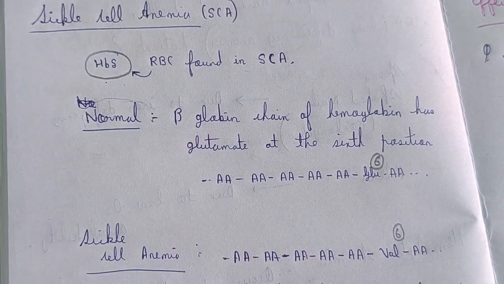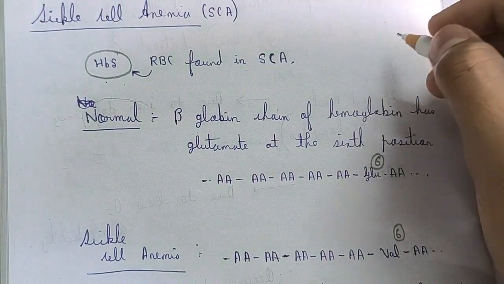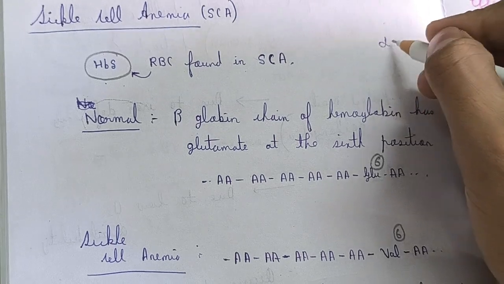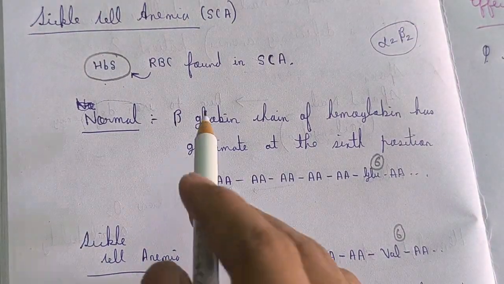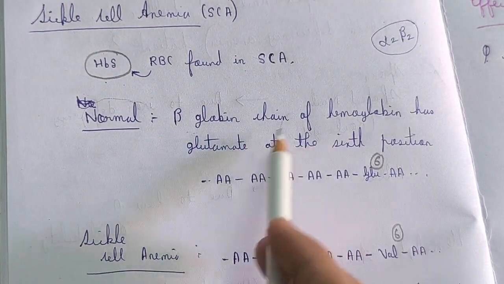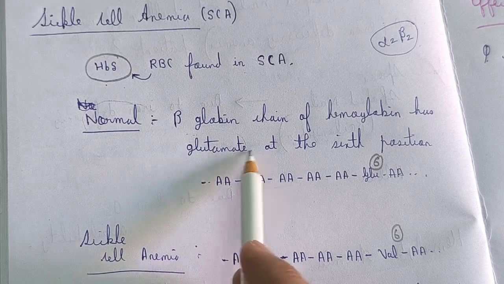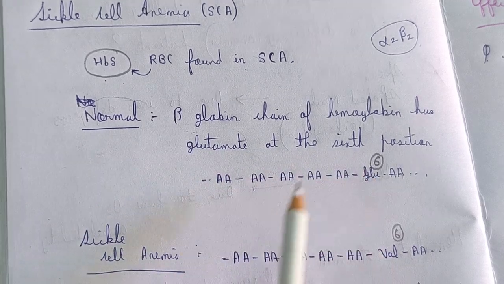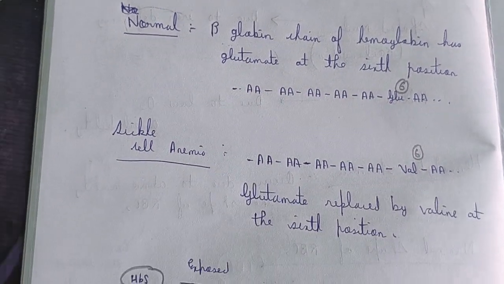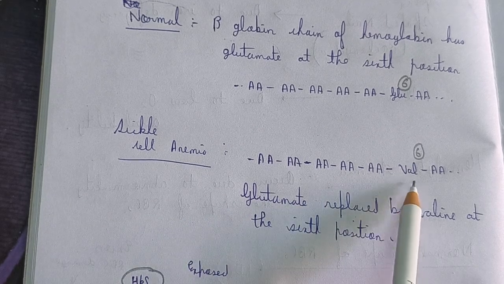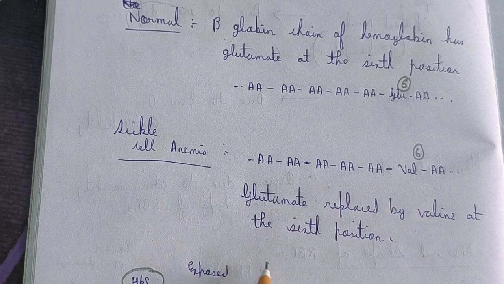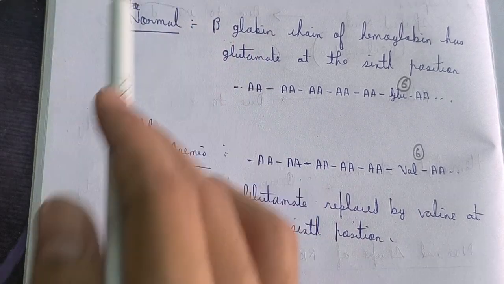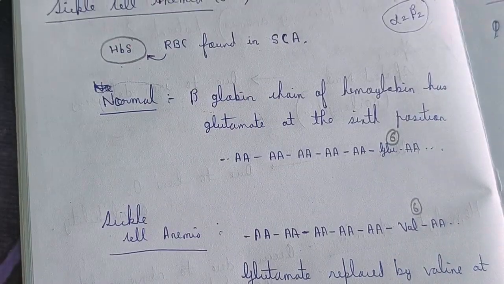First of all, you know that adult hemoglobin has alpha 2 and beta globin chains. In the beta globin chain of hemoglobin, normally glutamate is present at the 6th position, but in this disease glutamate at the 6th position is replaced by valine, and this leads to the abnormal condition, sickle cell anemia.